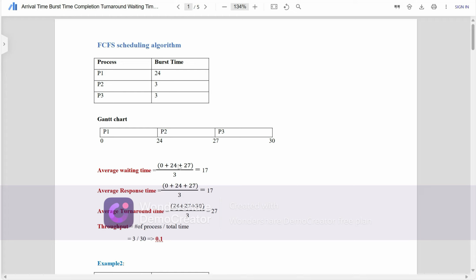The waiting time of P2 is 24 and P3 is 27, because 24 plus 3 is 27. So the waiting time of P1 is 0, of P2 is 24, and of P3 is 27. Let me add it: 0 plus 24 plus 27, over 3.